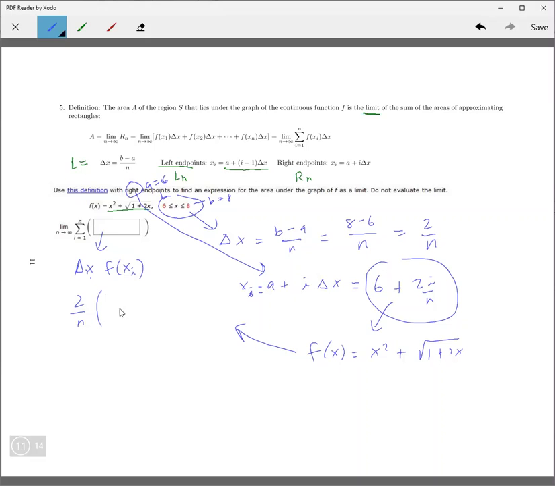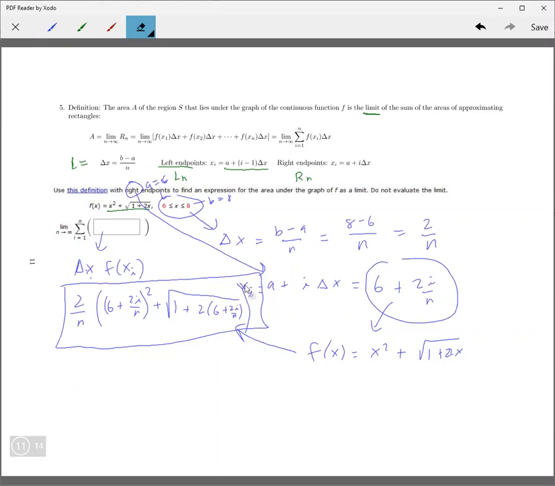That's going to be 6 plus 2i over n, squared, plus the square root of 1 plus 2 times all this, and this is going to be the answer.